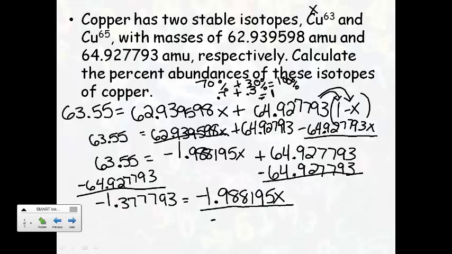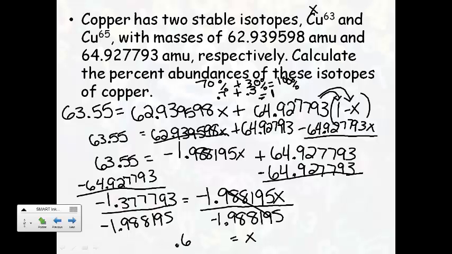We want to divide by the negative 1.988195 on both sides. All right, cancels out. So our X is 0.6929, which in percentage would be 69.29%.